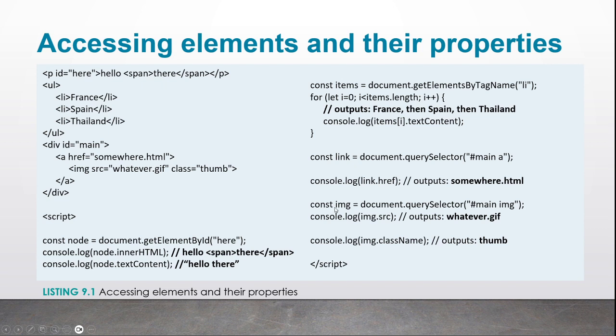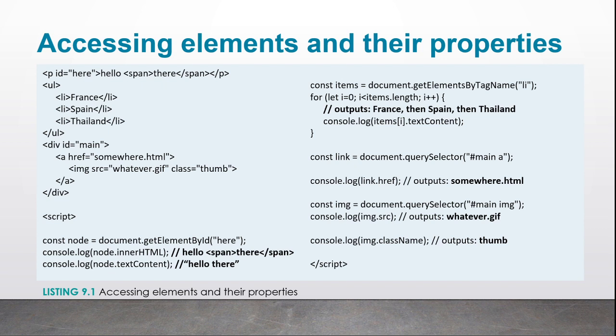Same thing here. We're creating a variable called image using the query selector. So notice you didn't have to say elements by tag name or element by ID. We're just doing the query selector. Same thing, we're looking for an ID of main, and if it contains an image in there. And then we're going to write out the source of it.